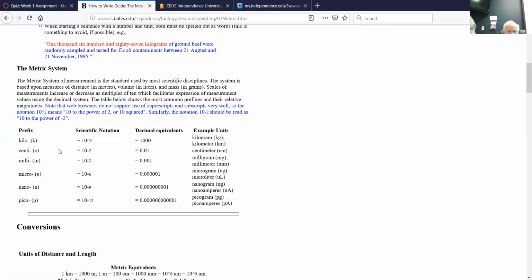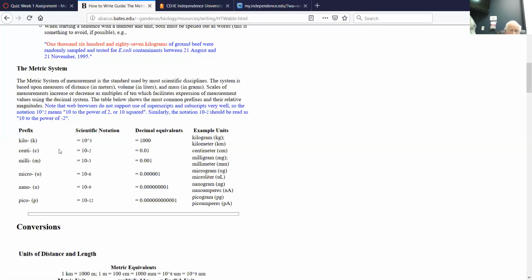Micro is almost never used, although a few drugs are dosed in micrograms. Micro is 1/1,000,000th. So a microgram is 1,000th of a milligram, which is 1,000th of a gram. So a microgram is 1/1,000,000th of a gram.